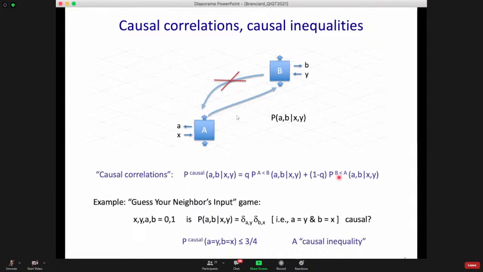So what this means is that the assumption of causality for correlations puts bounds on what kind of correlations can be observed. And this is, again, very similar to the case of non-locality. The assumption that a probability distribution has a local model gives you some bound in terms of Bell inequalities, some bound on the correlations that you can observe. And this is what was called the causal inequality in that paper by Costa and Brukner.